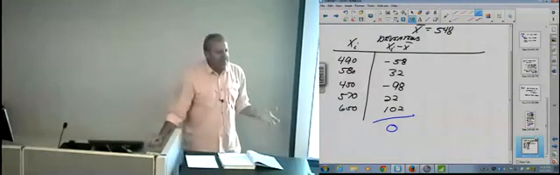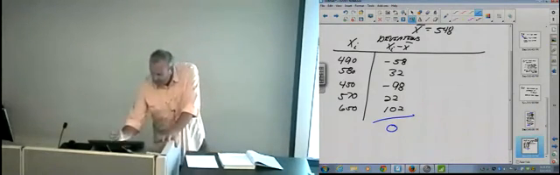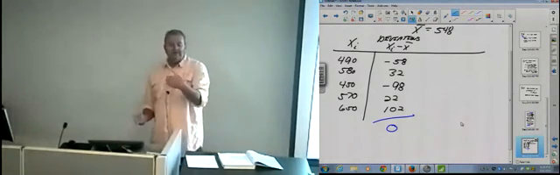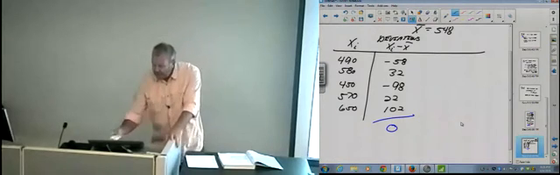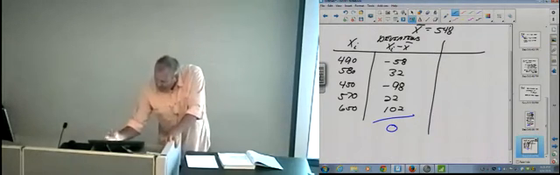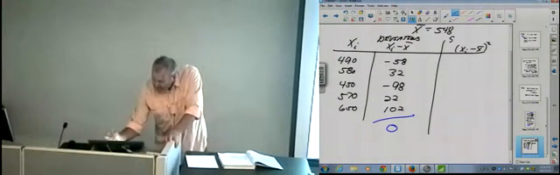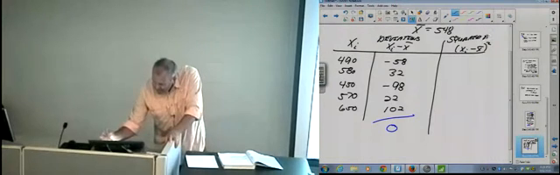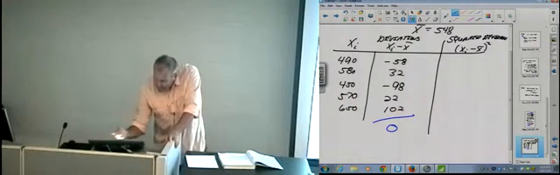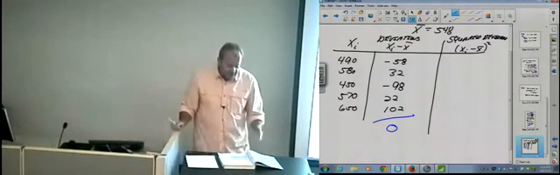Now, the next column, I'm working through the formula, right? That was those differences there. And now we're going to square these. You're going to take each one of those values that you subtracted, and you're going to square them. These are your squared deviations. So you take a minus 58 and square it.